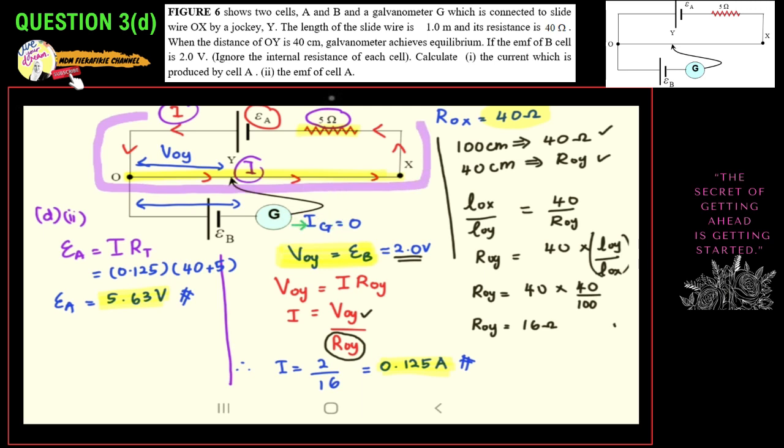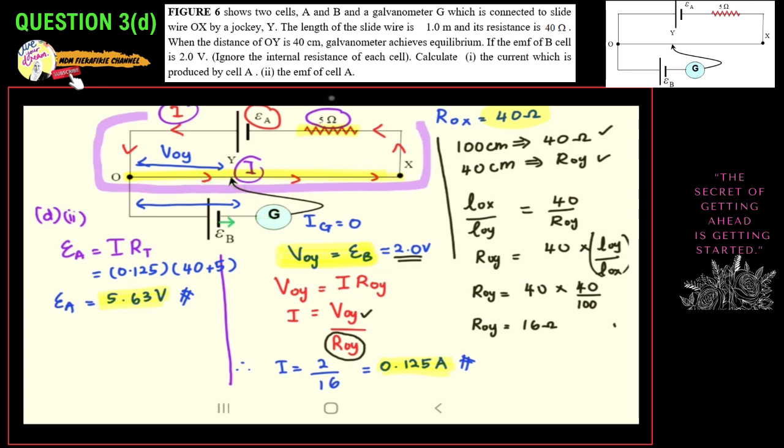Okay, remember when the reading of galvanometer is equal to 0, the flow of current daripada bateri A, okay, turun ke bawah sini, dan because of the potential difference VOY sama dengan potential difference epsilon B ni tadi, okay, EMF B. So bila potential difference VOY sama dengan EB kat bawah ni, so current, okay, current only flow from higher potential difference to lower potential difference only. So once VOY is equal to EMF B, so current cannot flow. Okay, dia tak boleh lalu daripada O ni, dia tak boleh turun ke bawah sini.